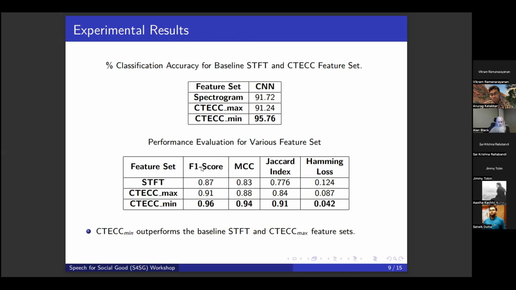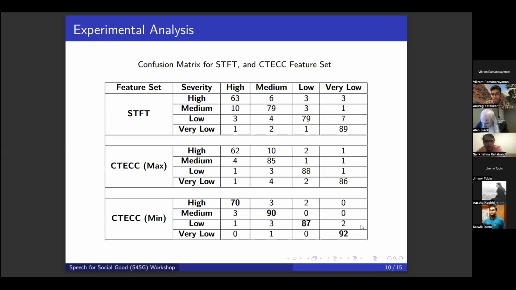The performance of the various feature sets was also statistically measured using F1 score, MCC, Jaccard's index, and the Hamming loss, where we see that CTECC minimum also outperforms all the other feature sets. This is the confusion matrix for all the feature sets, where we see that CTECC minimum captures the maximum number of true positives compared to the STFT and CTECC maximum.